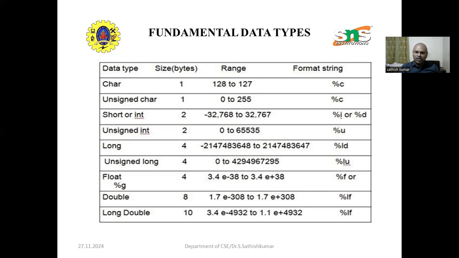Likewise, short int holds 2 bytes of data, ranging from -32768 to +32767, and the format string is %i or %d. The unsigned int is also 2 bytes, holding 0 to 65535, and %u is the unsigned format string. Long is 4 bytes.